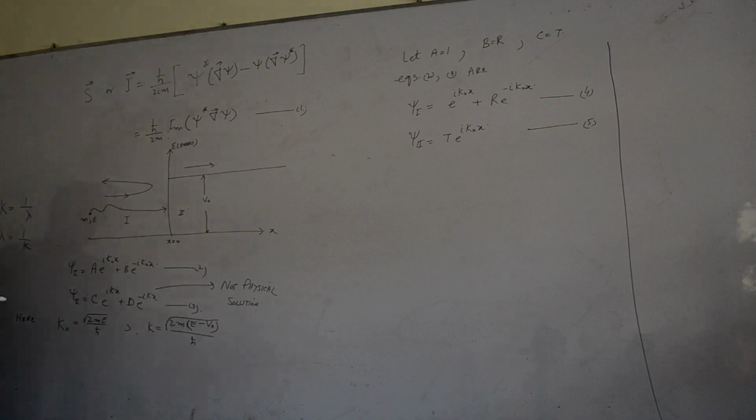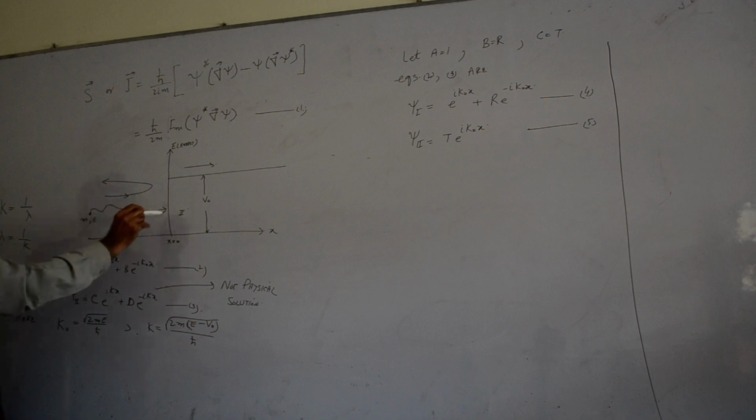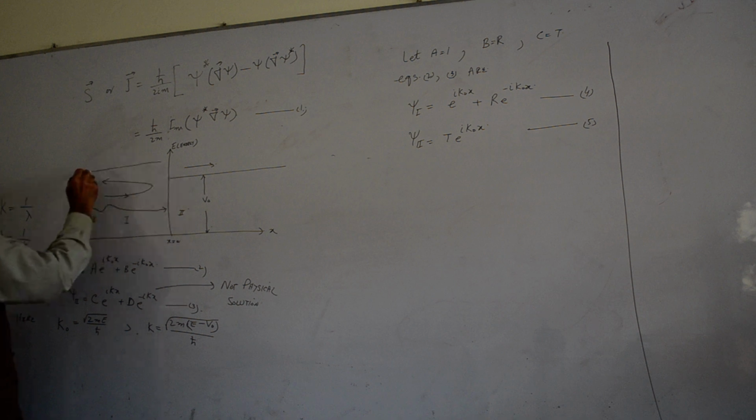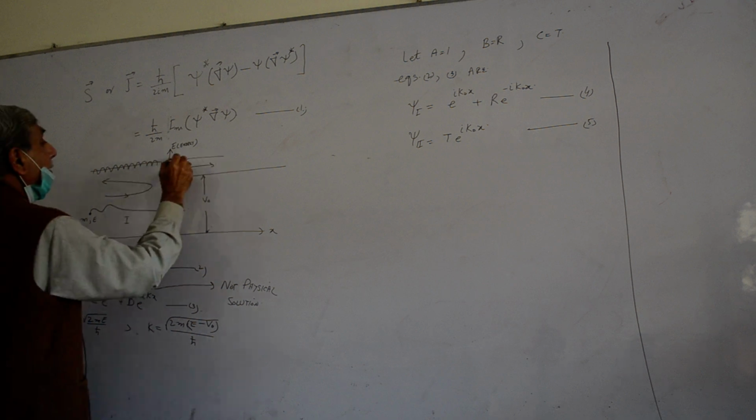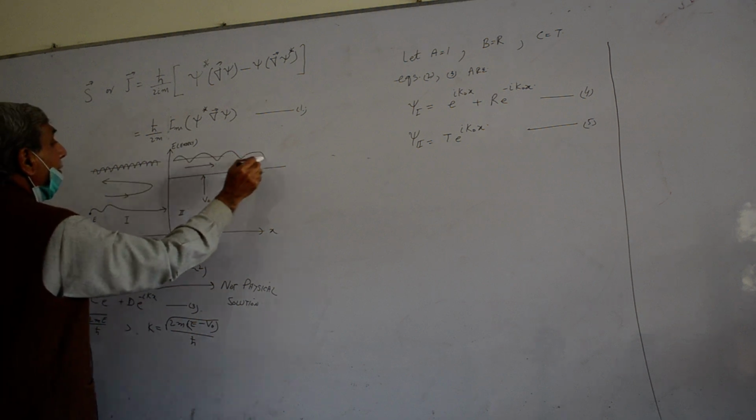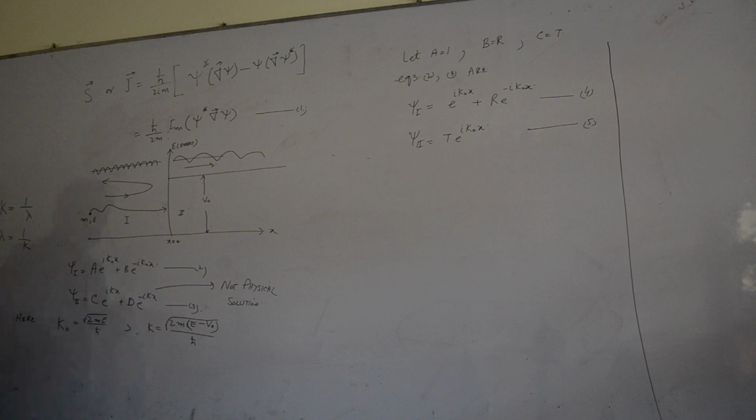So the de Broglie wavelength associated with the particle is smaller here and larger there. If you draw it, the wave goes there with smaller wavelength, and here the wavelength is larger like that one.